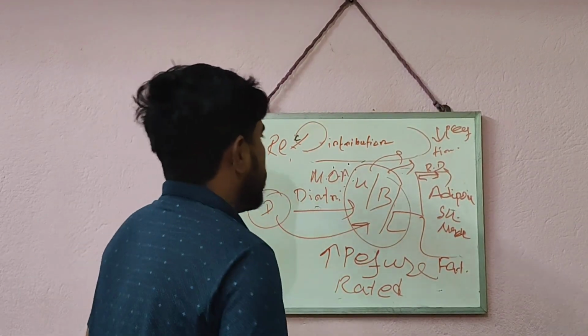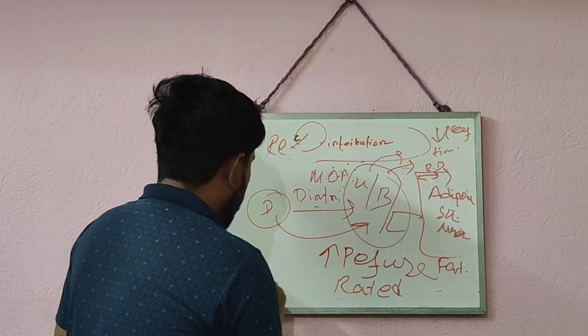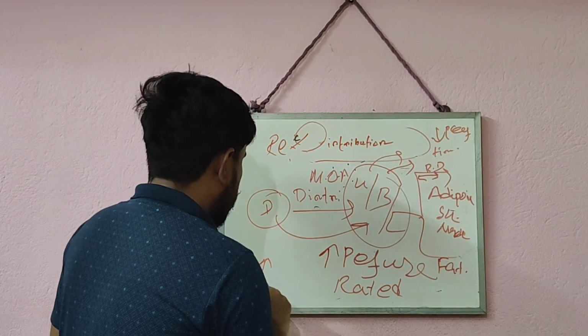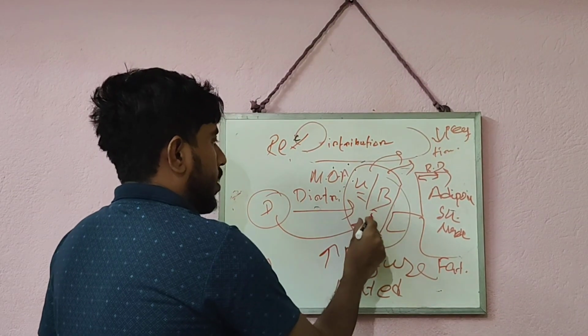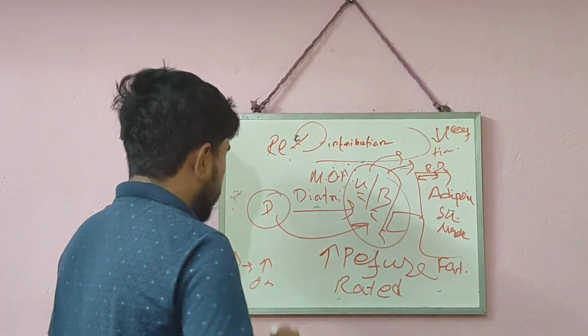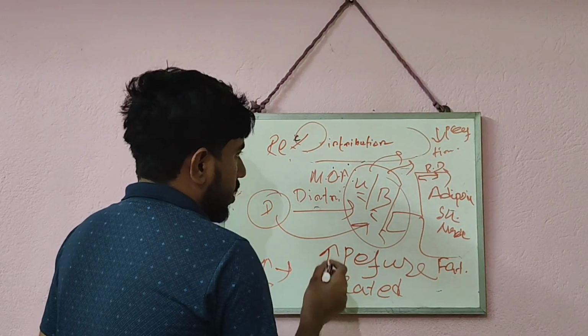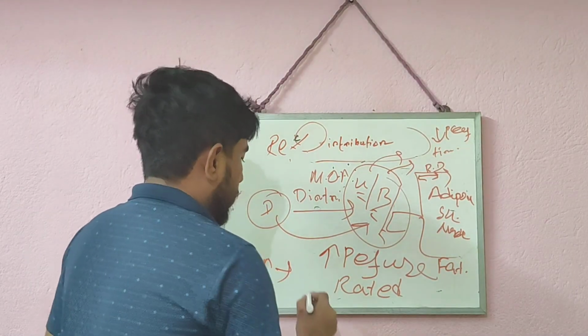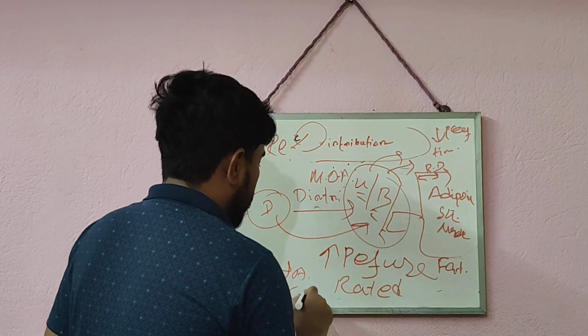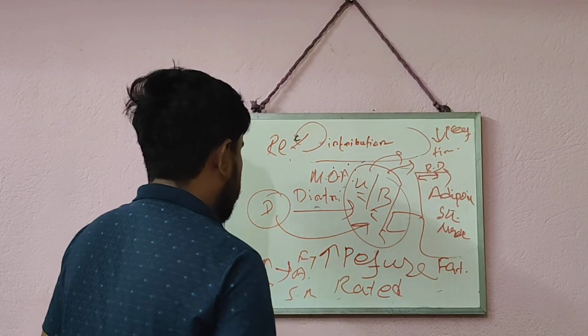So in distribution, the drug first goes to highly perfused organs, that are the kidney, blood, brain, all these things. After that, it reaches the low perfused organs like adipose tissue, skeletal muscle, fat tissue, etc.